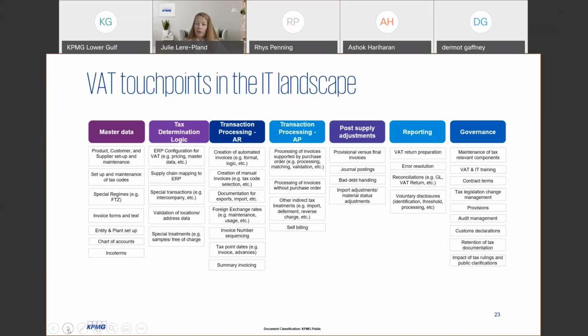We are expecting that there will be a financial services industry guide. So be prepared for change, and make sure that your systems are agile enough to deal with those changes. So with that, I give it back to Dermot.